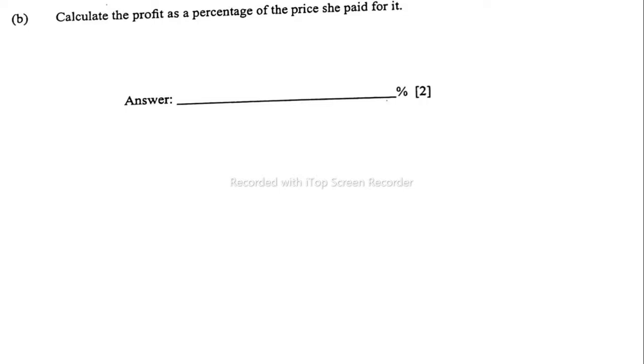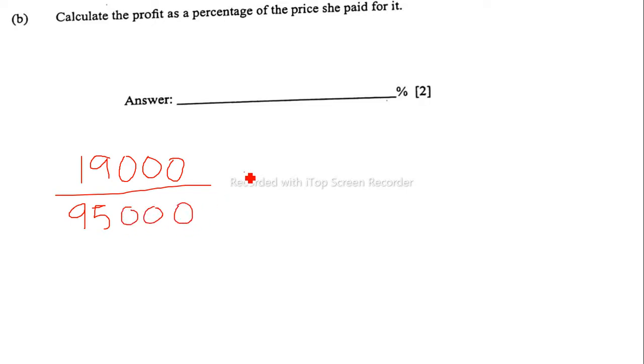All right. So let's do that. It's going to be 19,000, the profit, divided by the original price, which is 95,000, multiplied by 100 over 1.